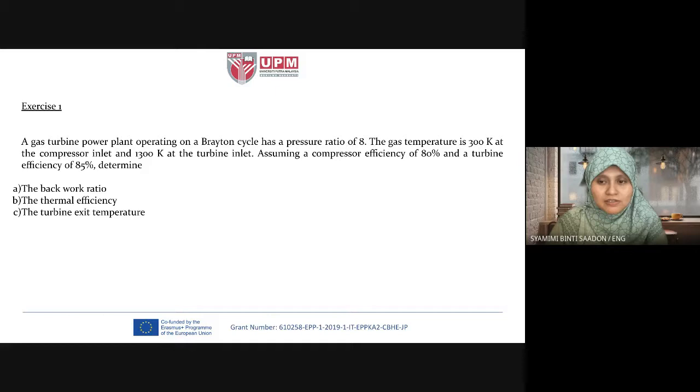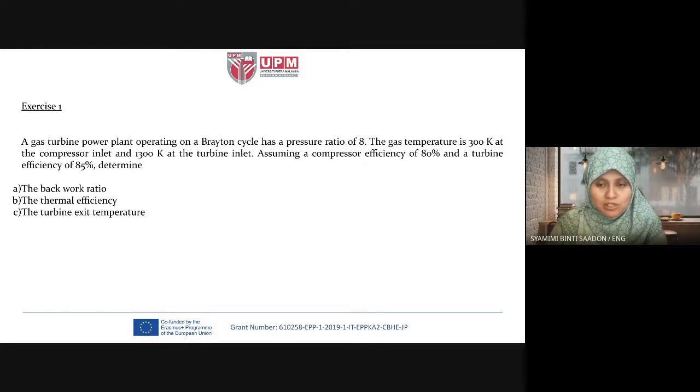This is, for example, the TS diagram of the gas turbine. Ideal case, we have something like this. 1 to 2 is the compression process.